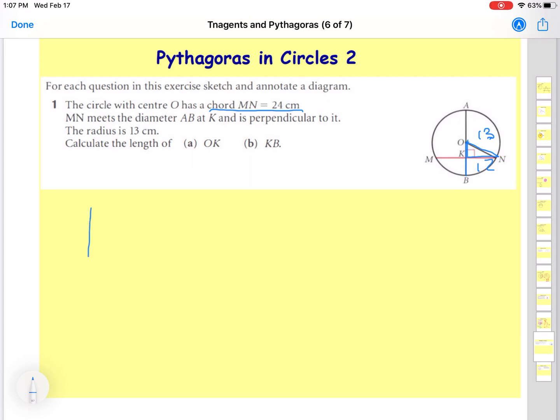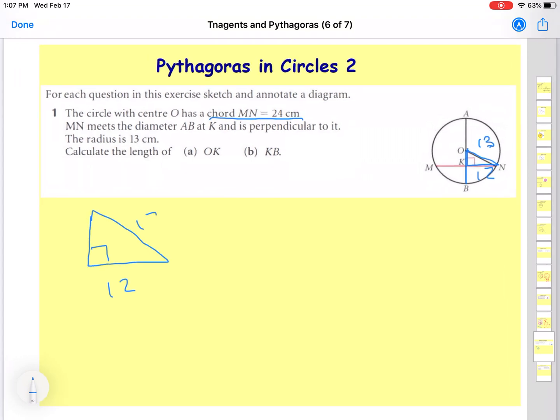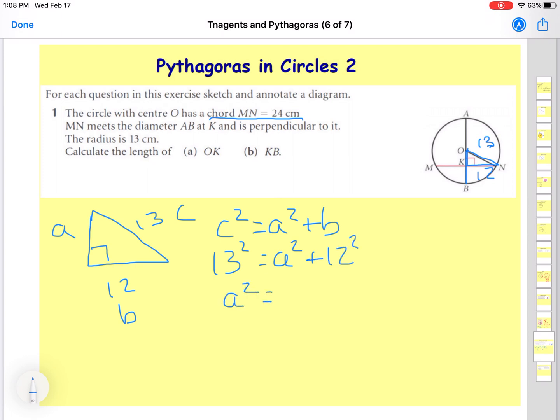So again, I'll draw out this little triangle, and you'll see that this question is actually the same, or at least very similar to the question we did in example 1. So C, A and B of the triangle, C squared equals A squared plus B squared. 13 squared is A squared plus 12 squared. So A squared is 13 squared, take away 12 squared.